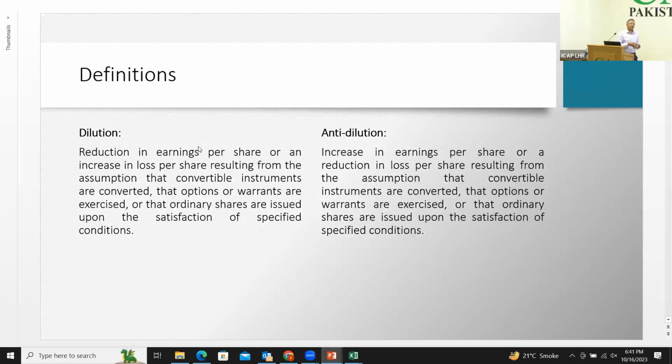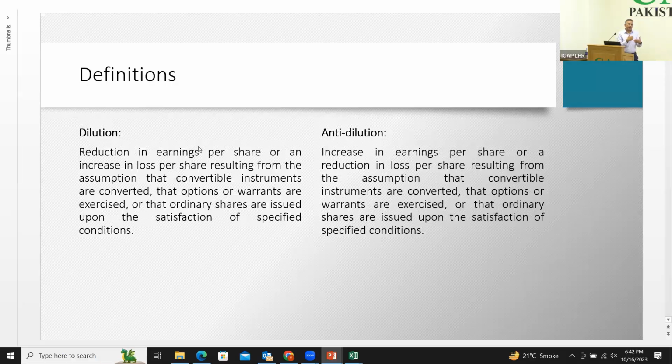But if it's a convertible loan or a convertible preference share, then you are also paying some dividend. So when you calculate dilution, you assume these potentially issuable shares have been issued. Then there is no interest to be paid, no preference dividend to be paid, so there will be an effect on earning as well as on the number of shares.